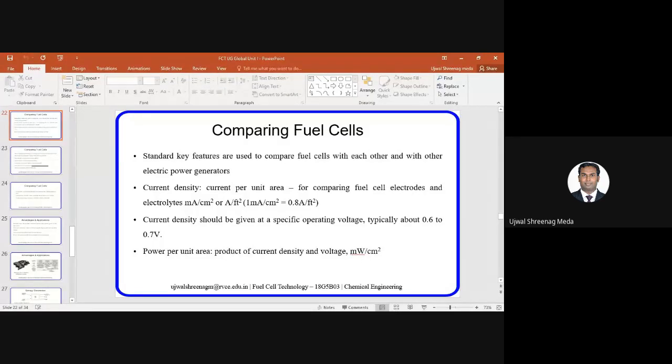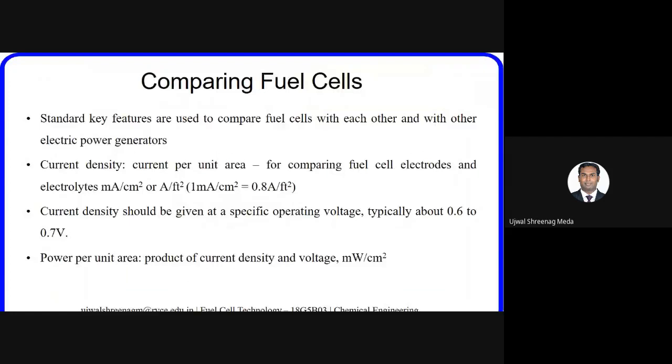If nothing is specified, unit area will be the area of the electrode. There are possibilities where they speak about the area of the electrolyte as well. In that case, it will be specifically mentioned. If nothing is mentioned, current density is always current per unit area of the electrode.